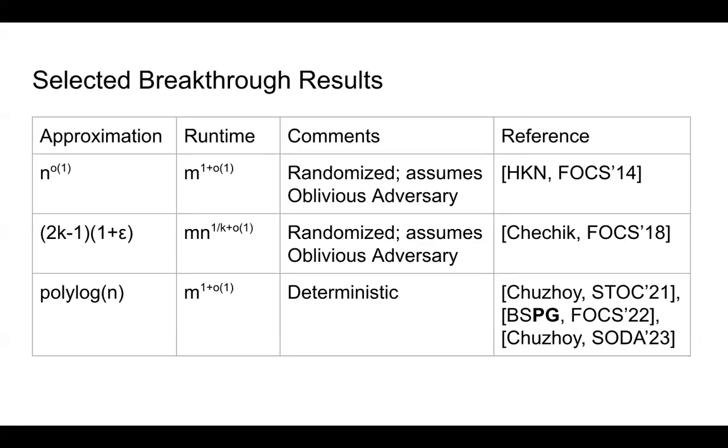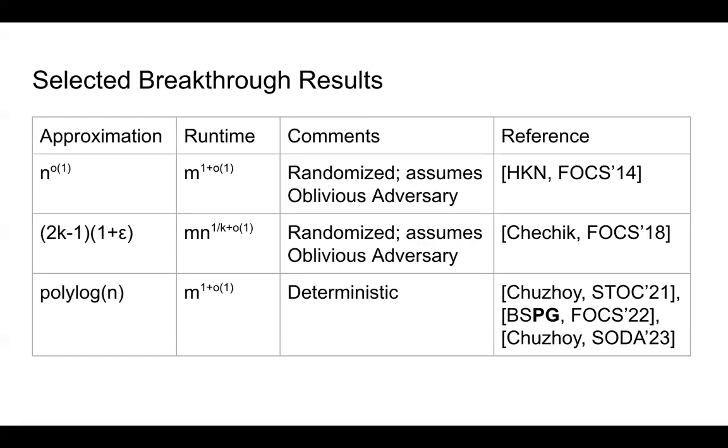Again, it works against an oblivious adversary, and these runtimes are really optimal up to a subpolynomial factor, so n to the little o of 1. And then more recently, there was work that obtained this result deterministically, so against an adaptive adversary. And even the approximation was very recently improved by Schutzoi to a polylog in n.